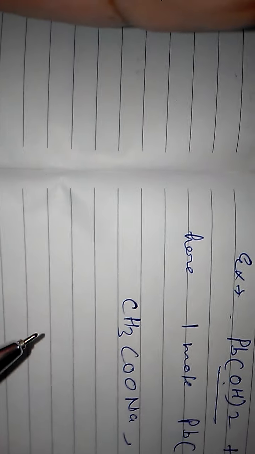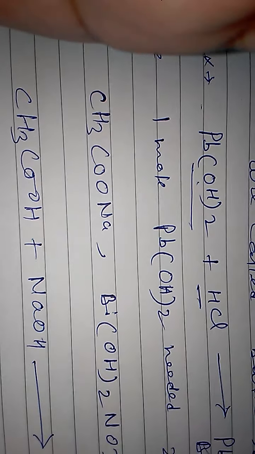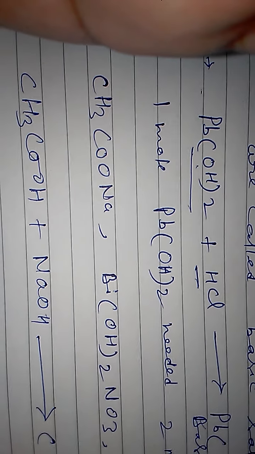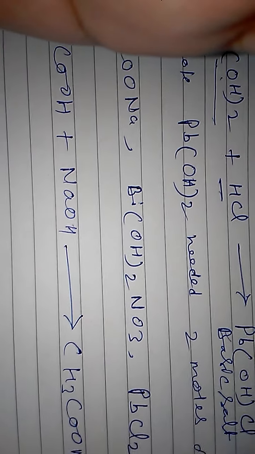Another example is CH3COONa. This is an example of a weak acid and a strong base. You can see CH3COOH is a weak acid, plus NaOH is a strong base, and they react to form CH3COONa plus H2O.